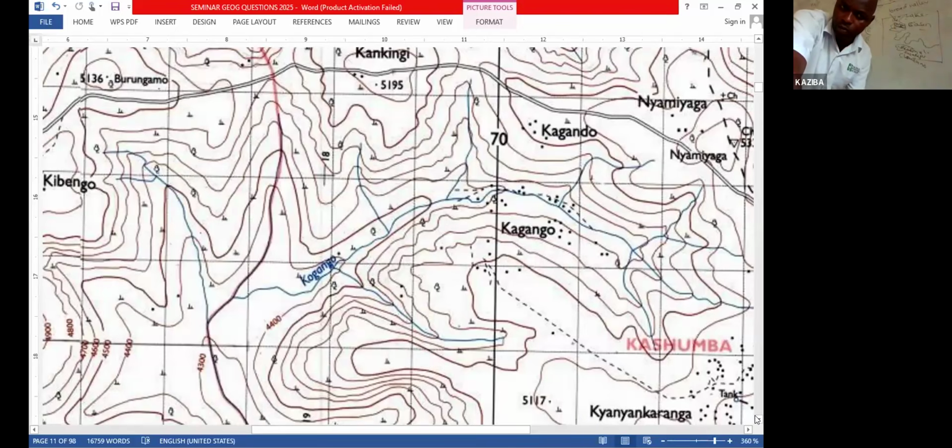If it was this shape, you would say River Kagango flows through a narrow valley. Now, if you have a river like this, and down here is where it ends, there is a seasonal swamp. Then you say the river floods in a lowland. That's the relationship between relief and drainage.